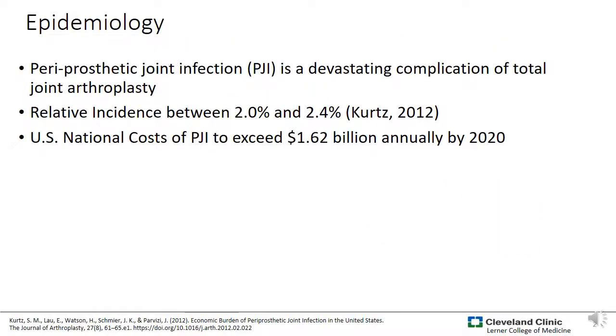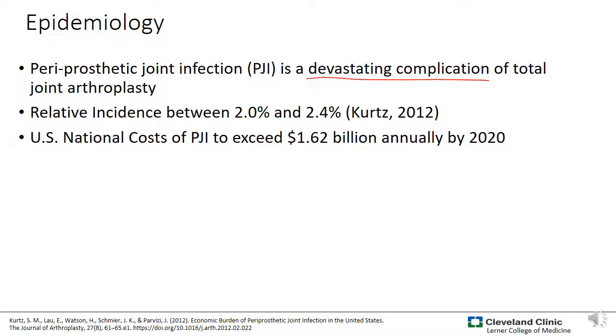A little bit about the epidemiology of prosthetic joint infection, or also sometimes referred to as peri-prosthetic joint infection, or PJI. It is a devastating complication of total joint arthroplasty. Although it's rare, with an incidence of 2 to 2.4%, and some estimations a bit lower than this, it is truly a huge burden to both the patient and the health system when it happens.